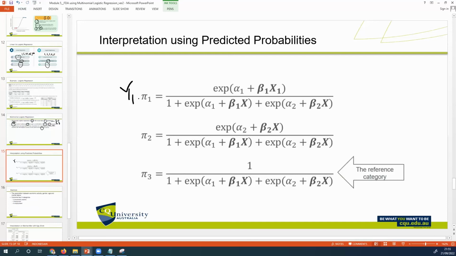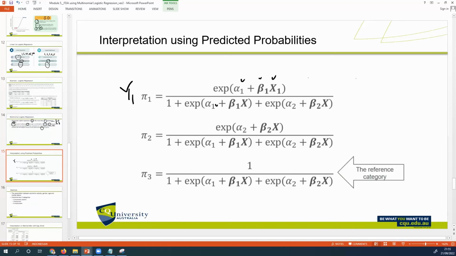Y1 is equal to exponential of constant 1 plus beta 1 times the x variable, divided by 1 plus exponential of constant 1 plus beta 1 times x, plus exponential by the power of constant 2 plus beta 2 times x.